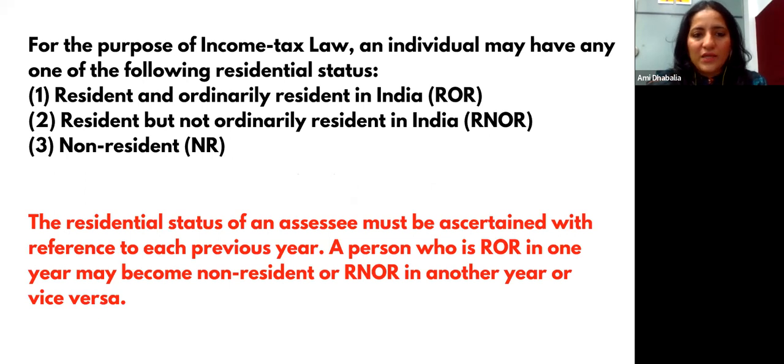Second is resident but not ordinarily resident in India, that is RNOR, and non-resident, that is NR. Residential status of an assessee must be ascertained with reference to each previous year, that is a financial year. A person who is a ROR in one year may become a non-resident or RNOR in another year, and vice versa.